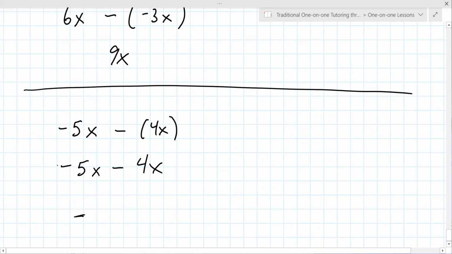They're both negative, so you write a negative and then you add the numbers. So what is 5 plus 4?